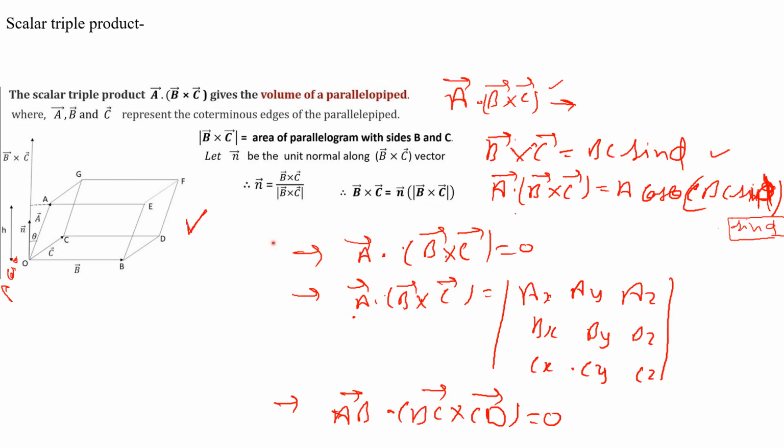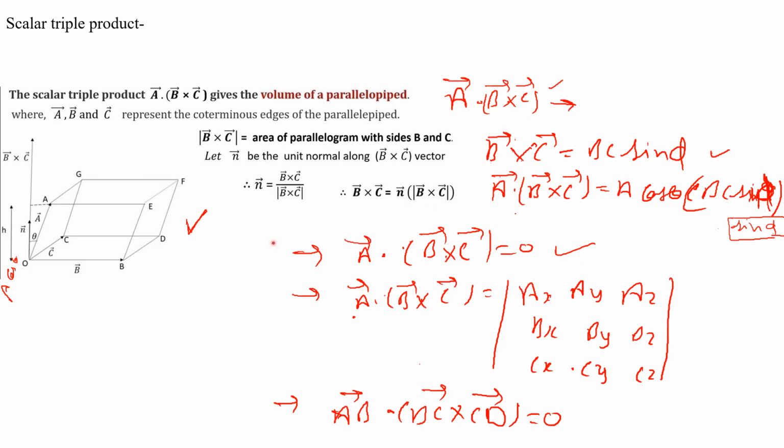And next, A vector dot B vector cross C vector is equal to 0 implies that the vectors are coplanar. Next, in the scalar triple product, dot and cross can be interchanged provided that their cyclic order is maintained. This is the important point.